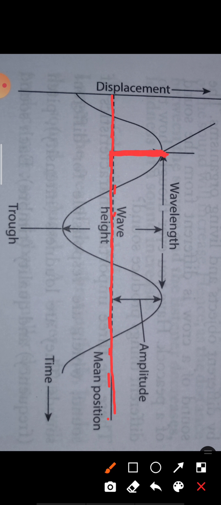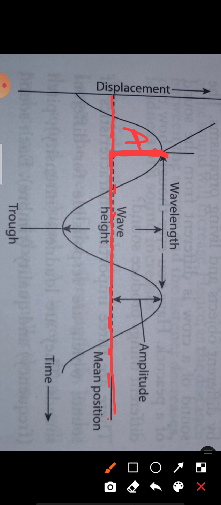So this distance is amplitude. Since amplitude is a distance, its unit is meter, and amplitude is denoted as A.